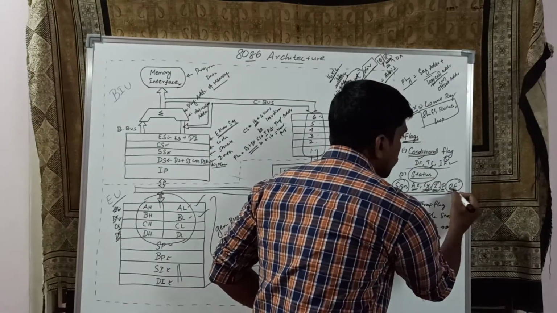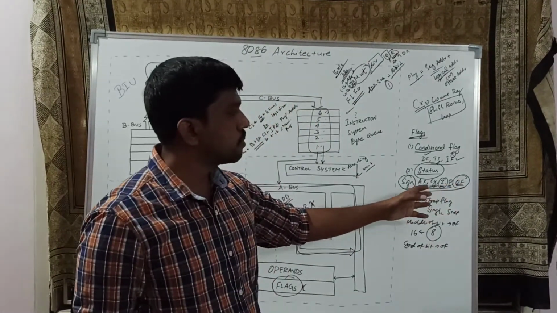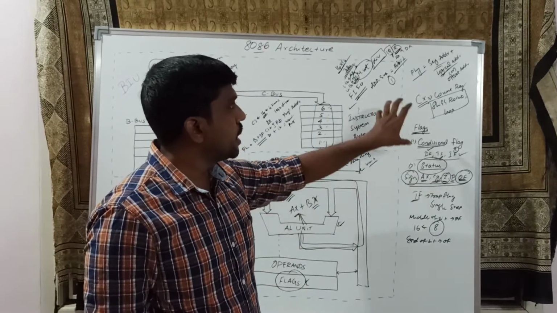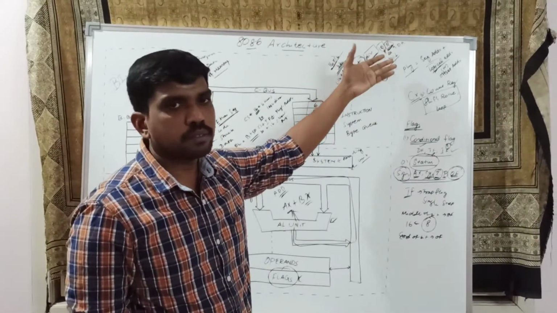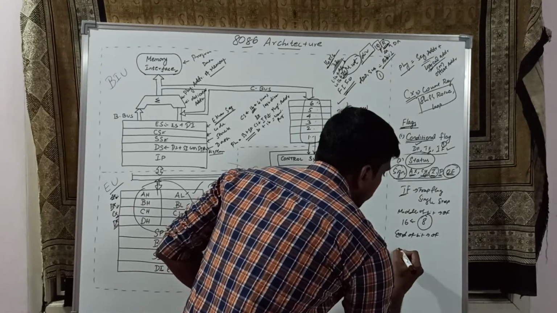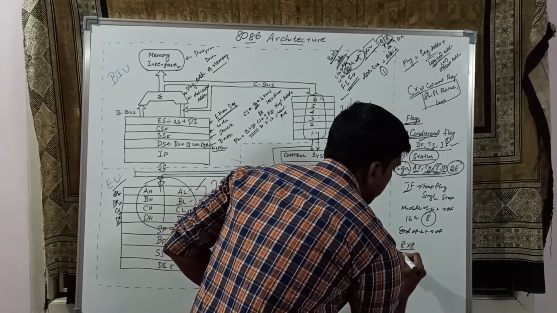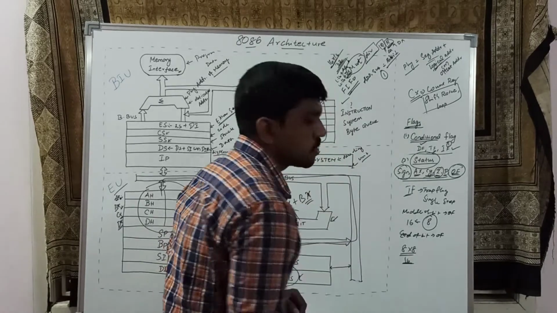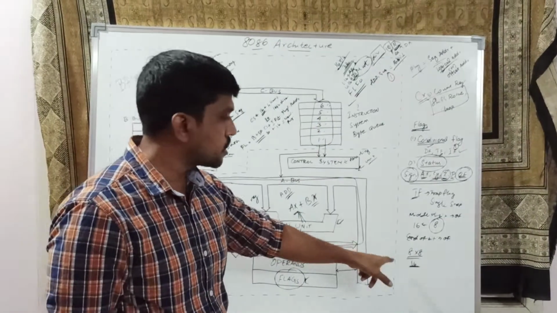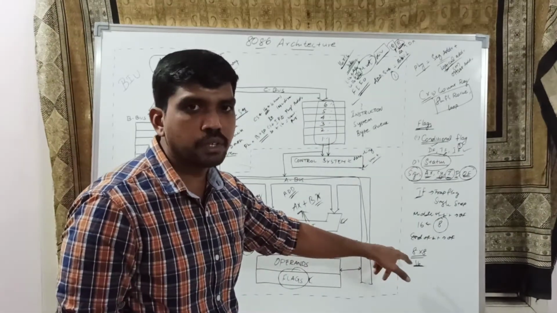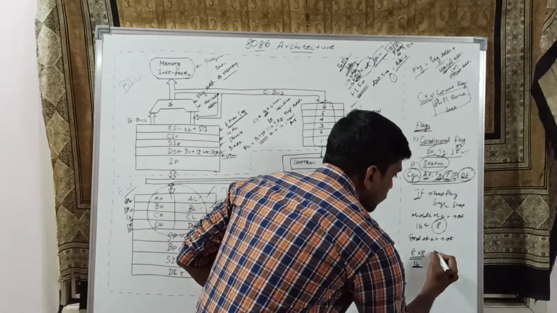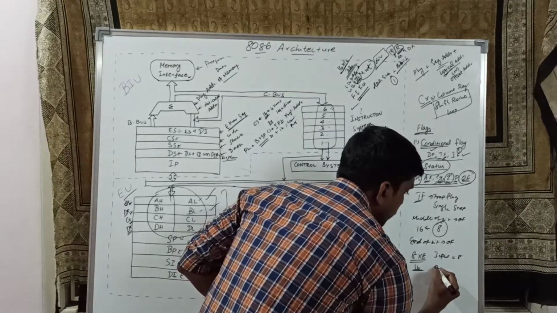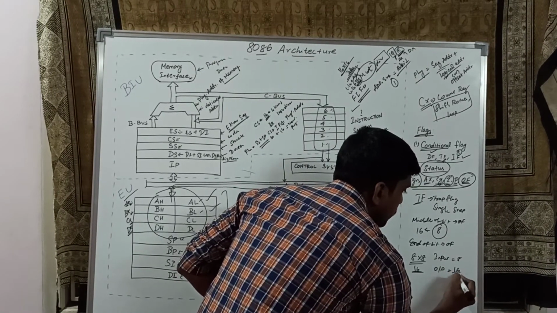The next one is OF, for overflow. The range of the result is exceeded. For example, I am doing multiplication of two 8-bit numbers. The result produces 16 bits of values. The input range is 8-bit, but the output range is 16-bit.